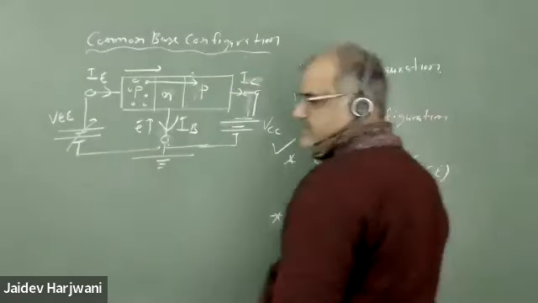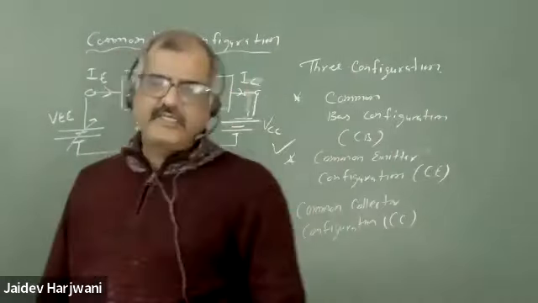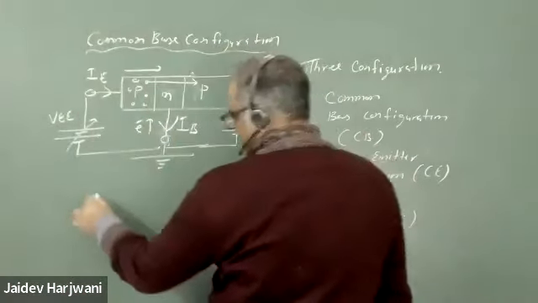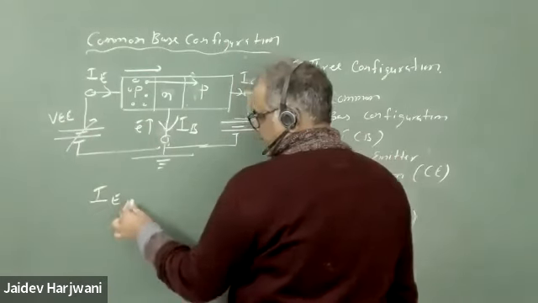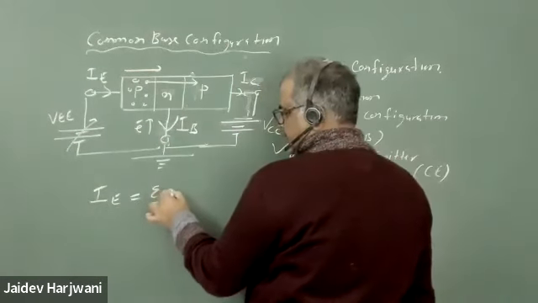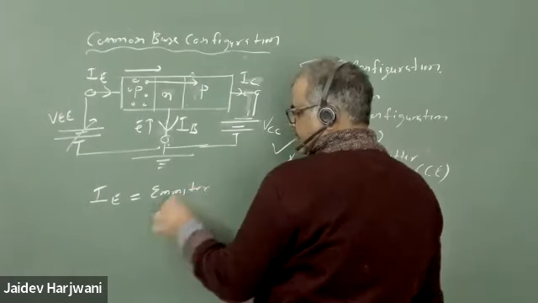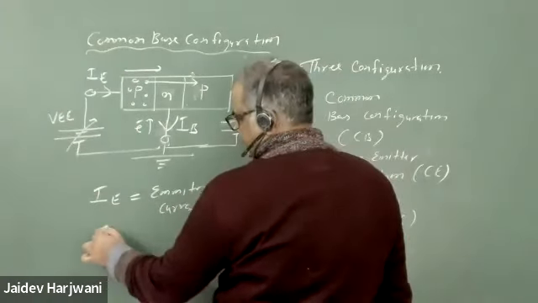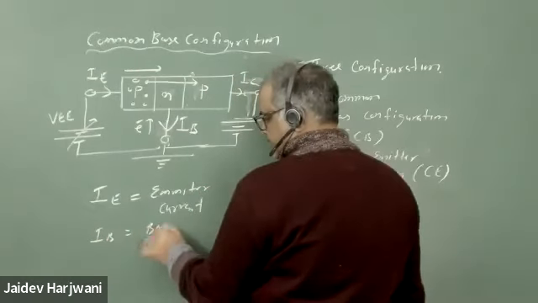So basically in a transistor, we have three currents: IE, IB, IC. IE is the emitter current. IB is your base current.